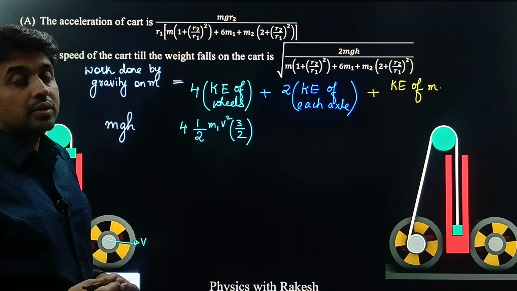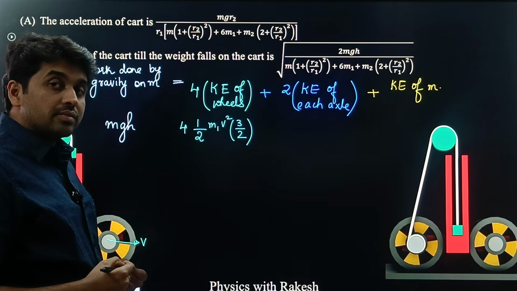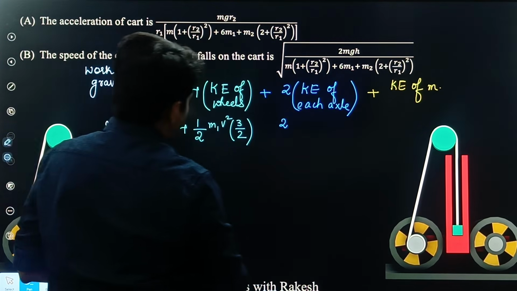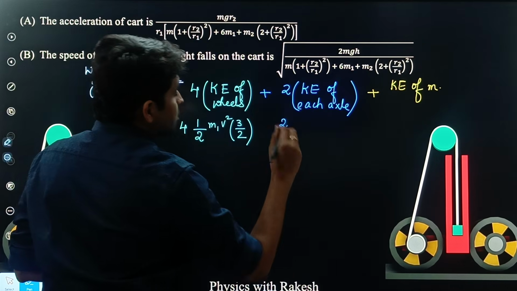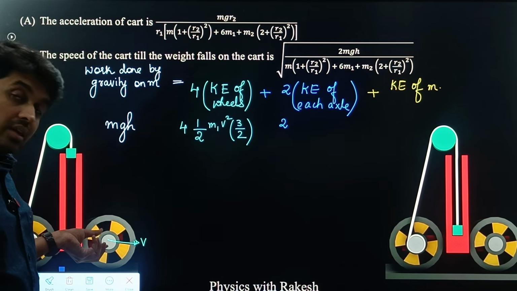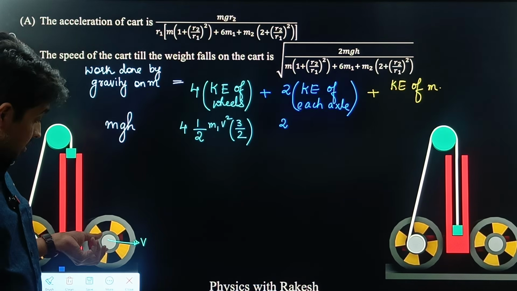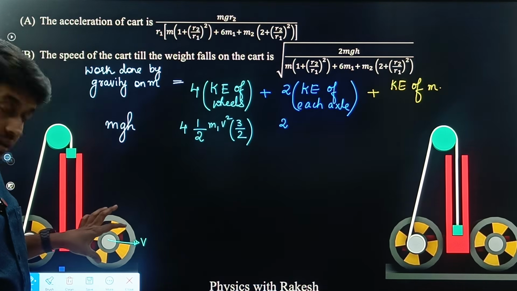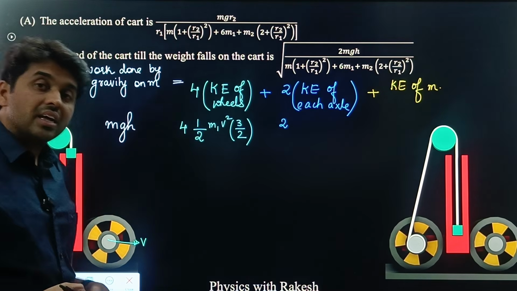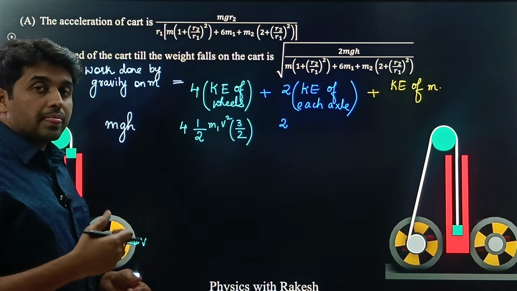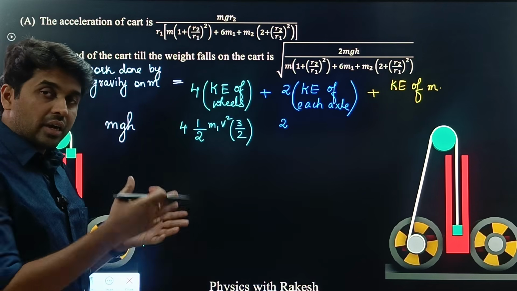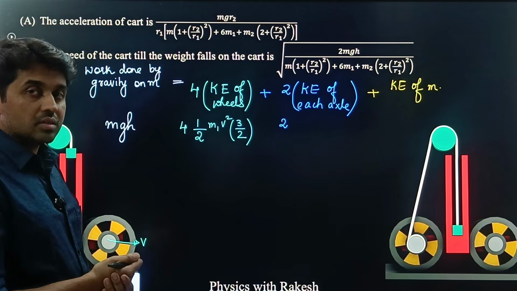Next, 2 times the kinetic energy of each axle. Kinetic energy of each axle is what? See, these axles, are they in pure rolling? They are not in pure rolling. The wheels are in pure rolling, but these are not. So we cannot directly write 1 plus k square by r square. We need to write the kinetic energy of rotation and translation separately.